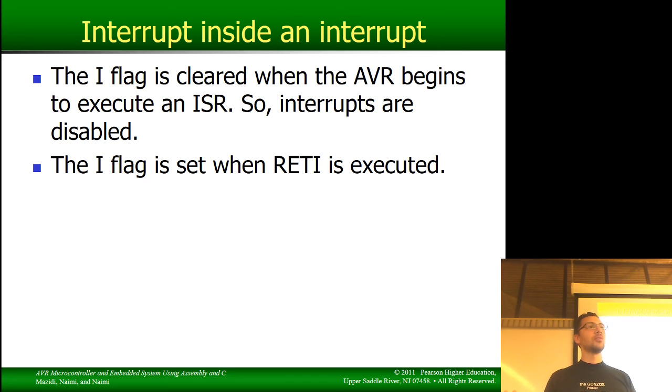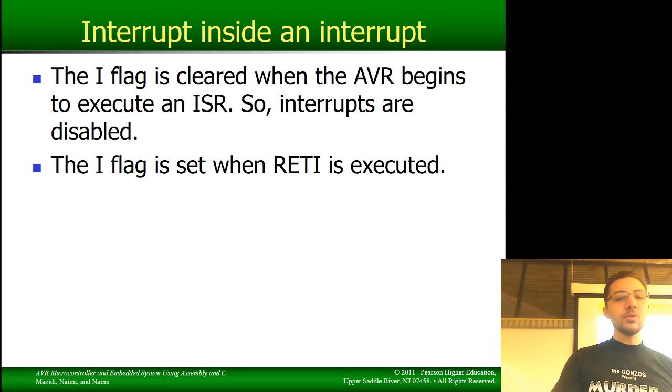The hardware does it. So you can't have a friend come up and ask you for something while you're in the middle of helping another friend. Now, that doesn't mean that it's impossible. You can manually turn the I bit back on in the status register, but you better have a good reason for doing it. Okay, and the RETI was hidden before in that animation, but one of the things it did was it turned the I bit back on.